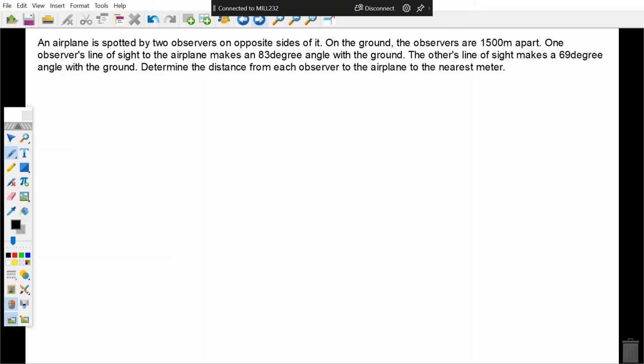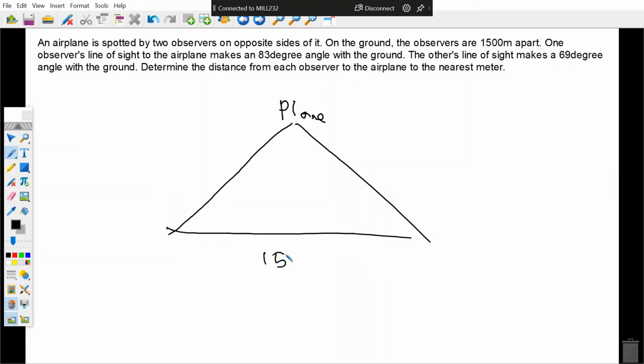Okay, so here's the triangle we're looking for. We've got an airplane up here. We know the observers are 1,500 meters apart. One observer makes 83-degree angle with the ground when he looks up at the airplane.